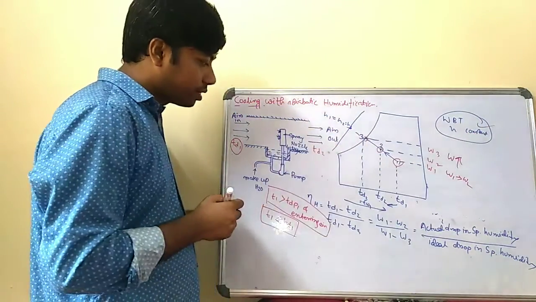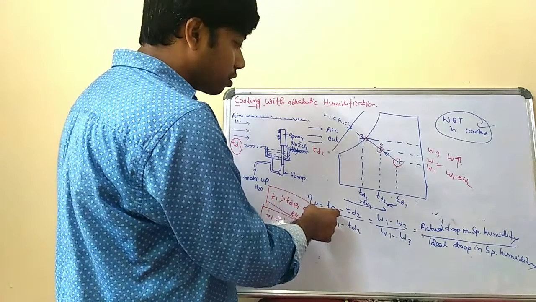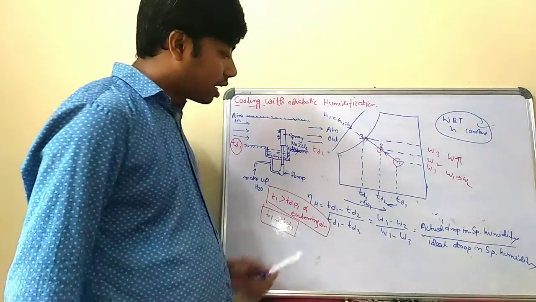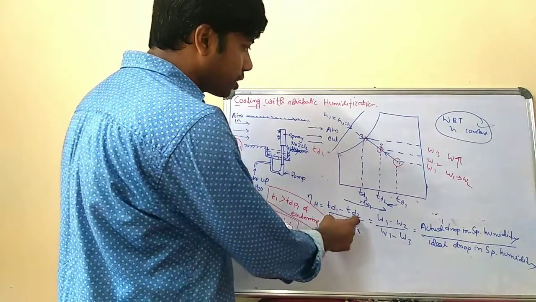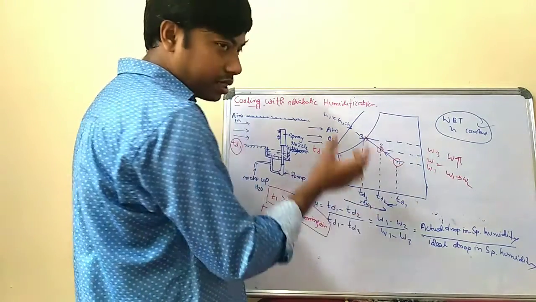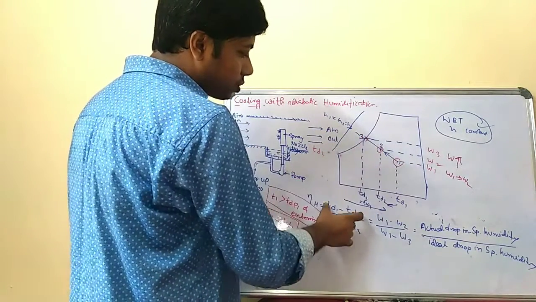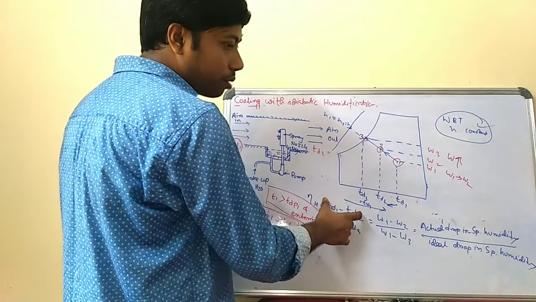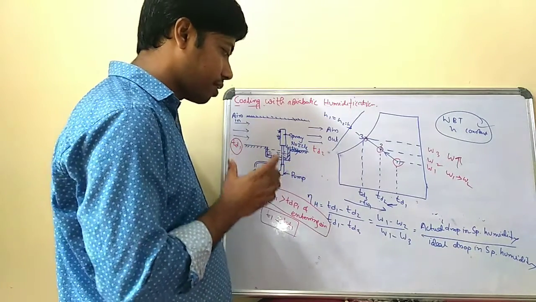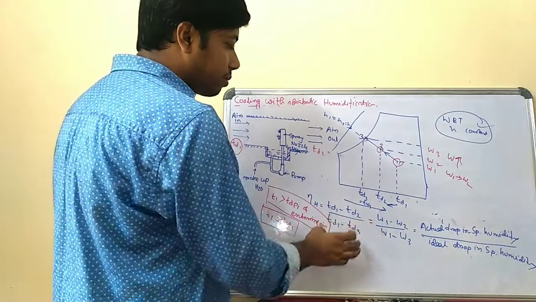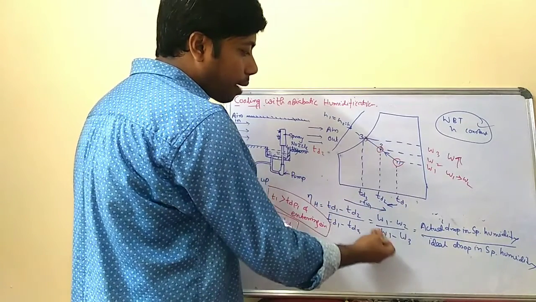One more important point is the efficiency of the cooling coil, that is (TD1 minus TD2) divided by (TD1 minus TD3). TD1 minus TD2 is the actual possible cooling and humidification, and TD1 minus TD3 is the maximum. Corresponding TD1, TD2, TD3.